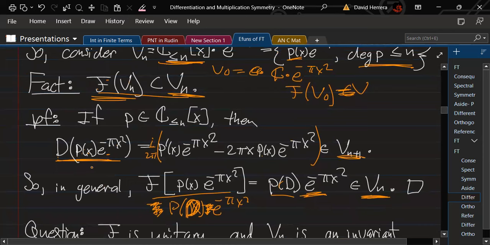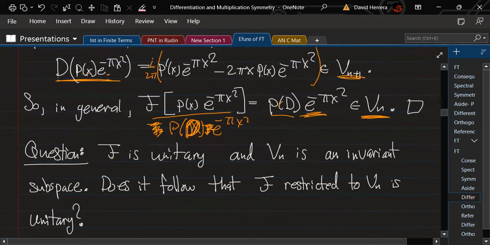Now, in order for us to do some nice analysis, we would like to say that f is also unitary on this Vn. This is a finite dimensional subspace, and if f were a unitary operator on a finite dimensional subspace, it's basically just a unitary matrix. For unitary matrices, there's a spectral theorem, which says that you can find an orthonormal basis on this subspace.